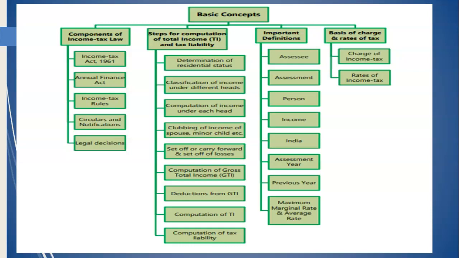If one wants to calculate income tax, then there are some steps and rules to be followed. The step 1 being determination of residential status, followed by other steps. Let us look into them one by one.